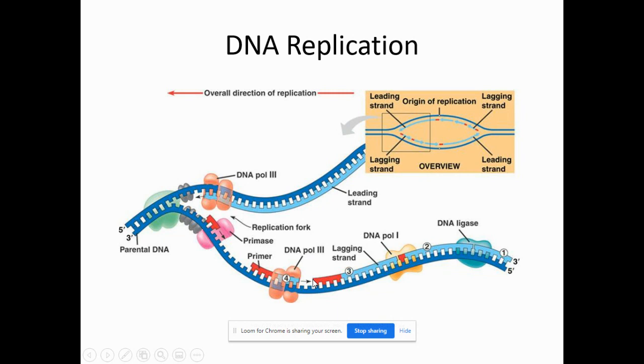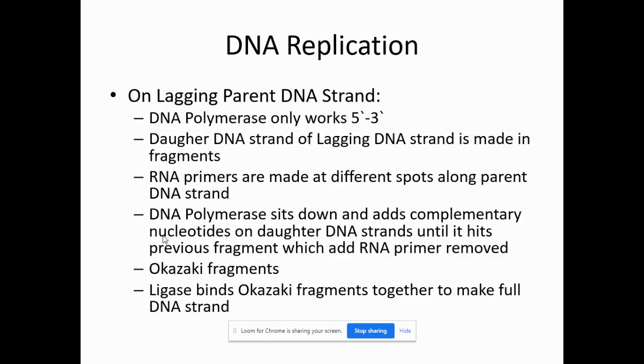And once it gets to where the daughter strand is now, it will drop off and then go to a new primer and work backwards. Once it hits the daughter strand where it had just worked, it'll drop off and go to another spot. So it works discontinuously and makes fragments. The daughter DNA strand of the lagging parental strand is made in fragments.